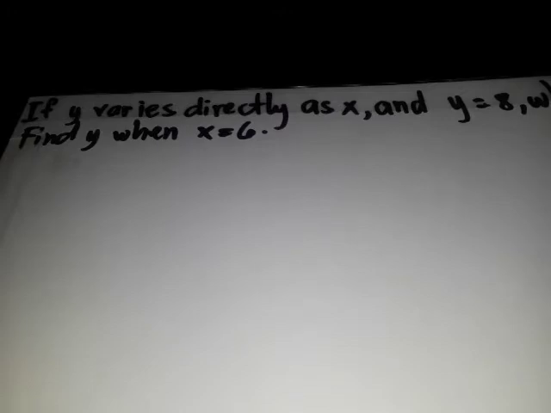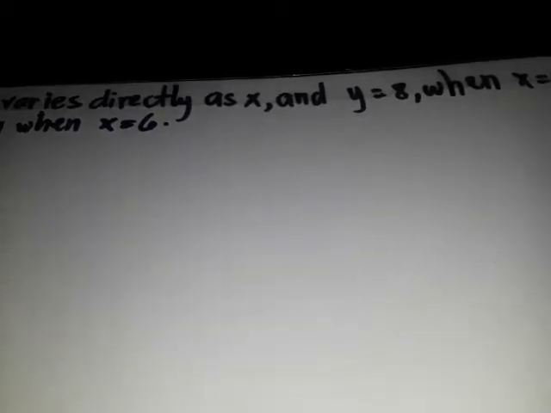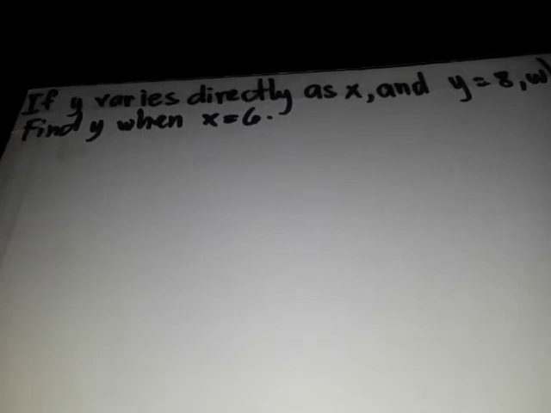We have: if y varies directly as x and y is equal to 8 when x is equal to 24, find y when x is equal to 6. So we need first to make the equation.